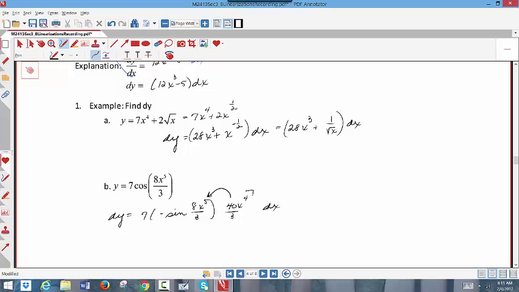And this should all be collectively multiplied. And so then this would become, 7 times 40, 280 x to the 4th over 3, negative, and then sine of 8x to the 5th over 3, all of this times dx is what your differential dy is equal to.